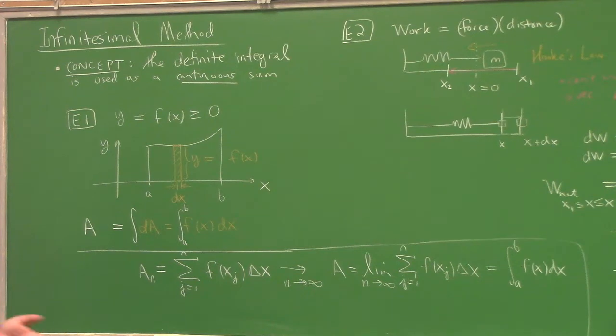Now, if you start from 0, then the work is just what? It's just 1/2 kx squared, if the starting point was the equilibrium.